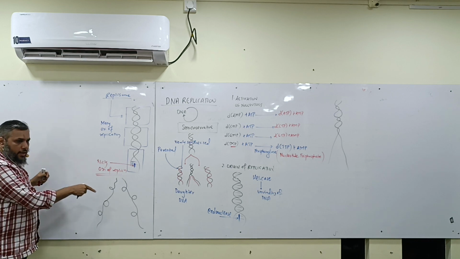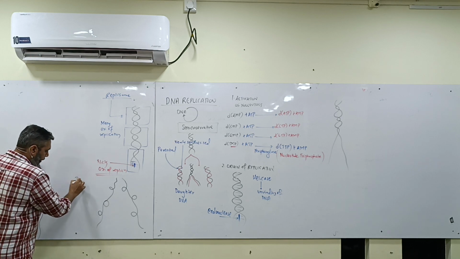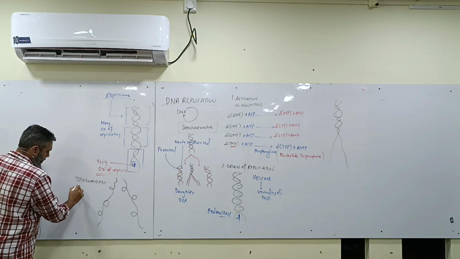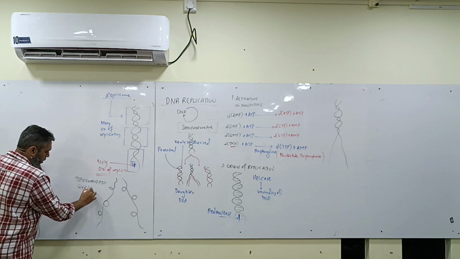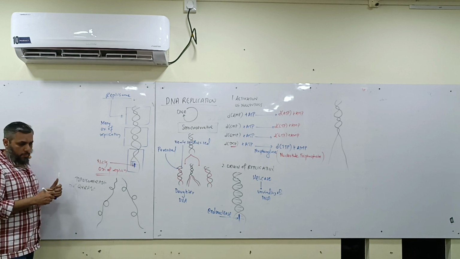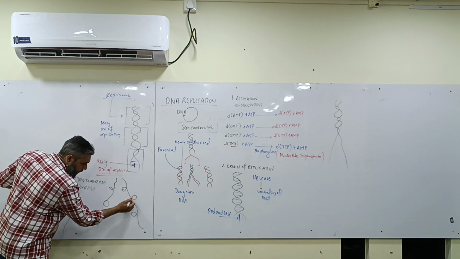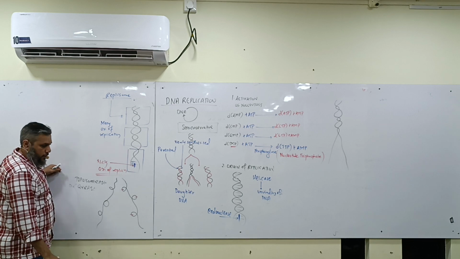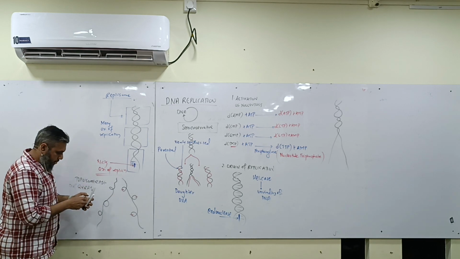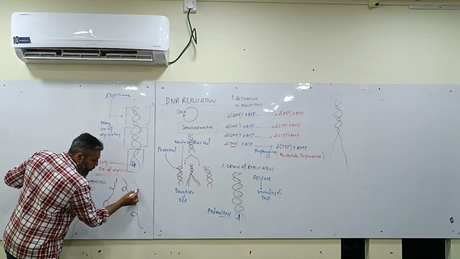So I need to release this tension, which can be done by topoisomerase, or also called as what? Gyrase. They will give a cut, nick. As a result, the strand will separate, and immediately it will join.